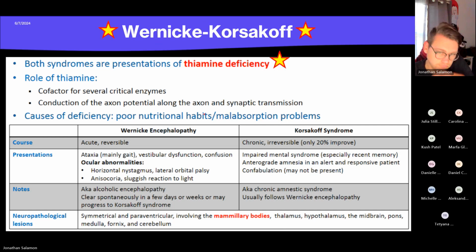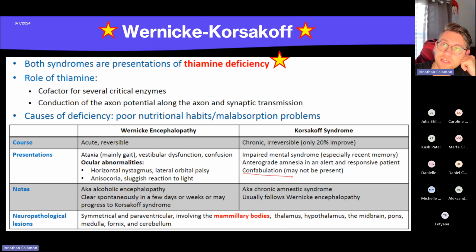I guess the only other one thing I'll add here is Wernicke's encephalopathy is like all of the symptoms that would probably bring somebody into the hospital. Like they're off, they can't walk, they're falling over, right? They're really confused.